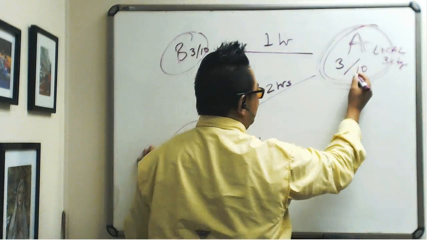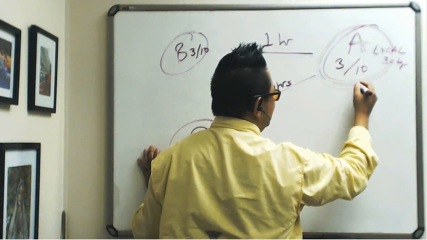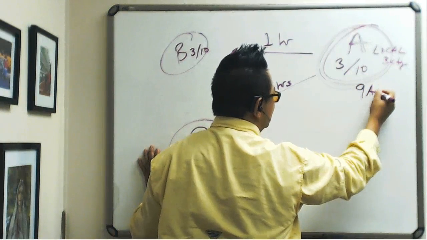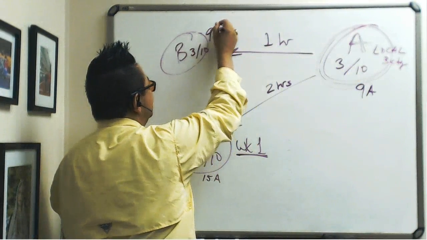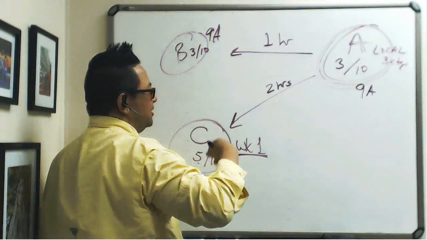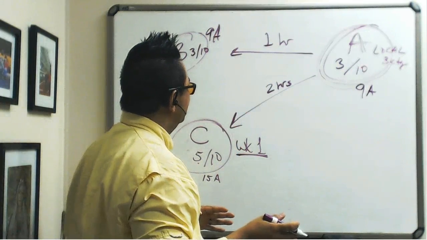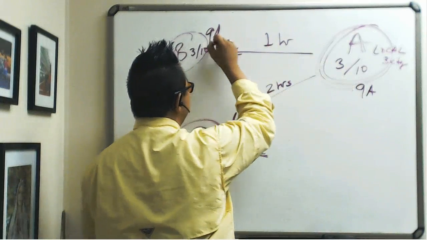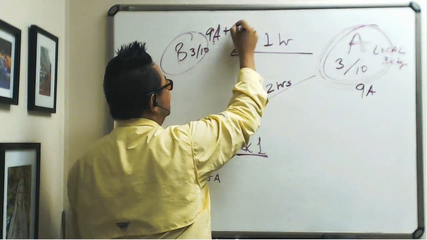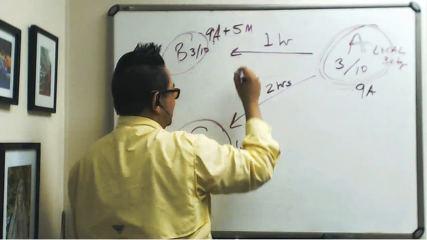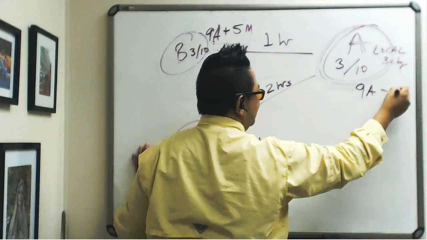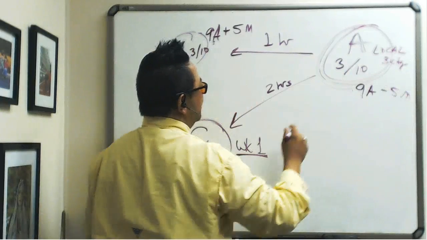Well, you had 3 weeks of accumulation in area A, so you got 9 A leads, and here you got 9 A leads, right? And then it goes up and down or whatever. So every 3rd week you have enough leads, 9 A leads plus, let's say, 5 multis. So multi-leads are just the older leads.